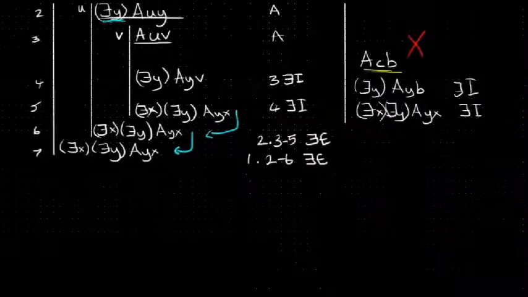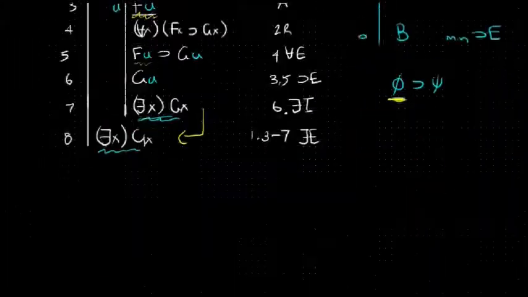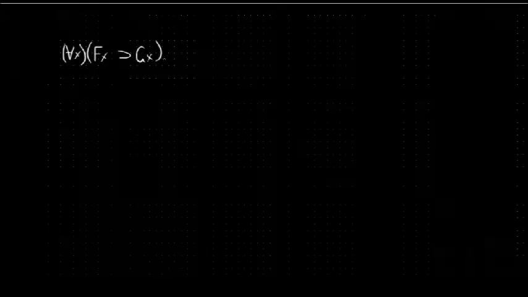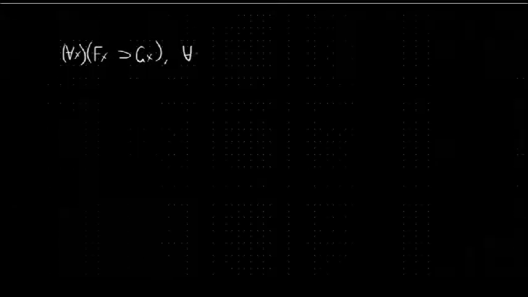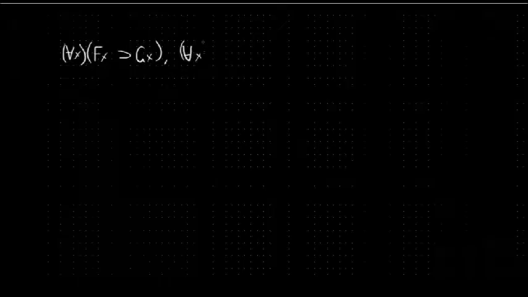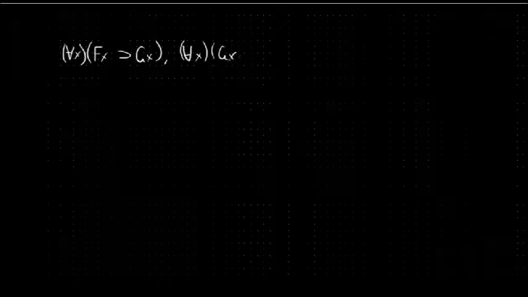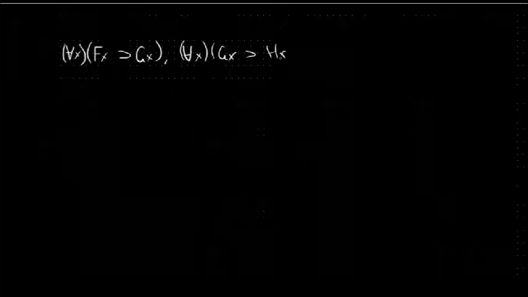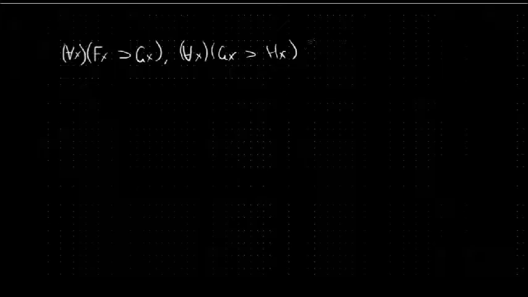Let's move on to think about the universal introduction. So let's suppose that you know that every x is such that if it has property f, then it has property g, and you know that everything is also such that if it has property g, then it has property h.